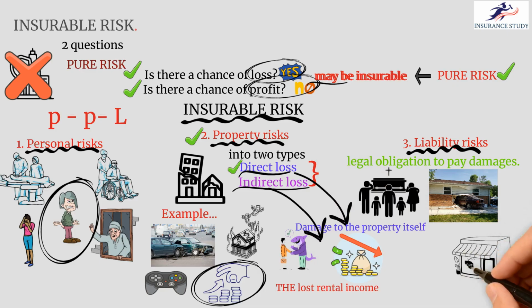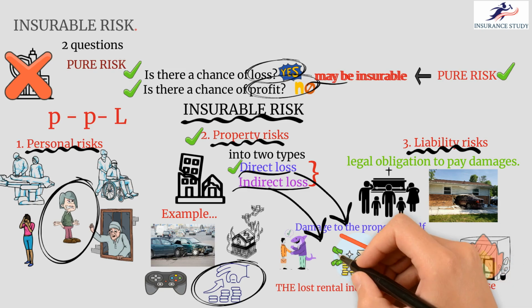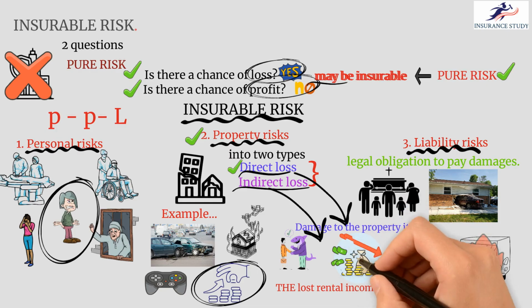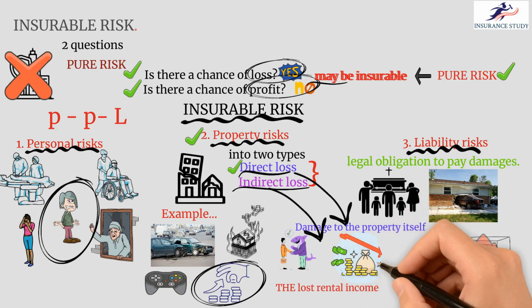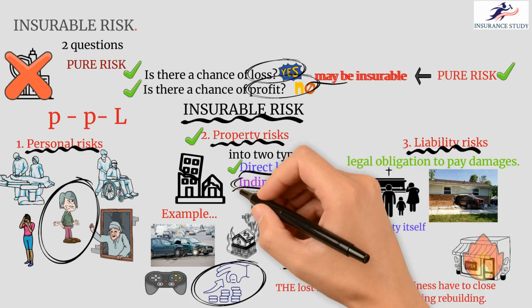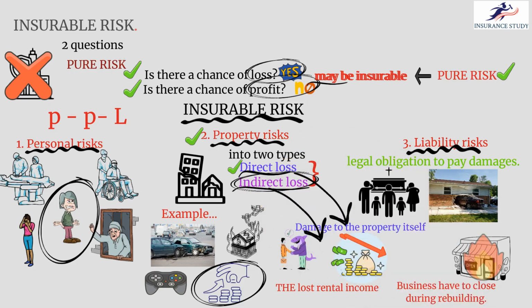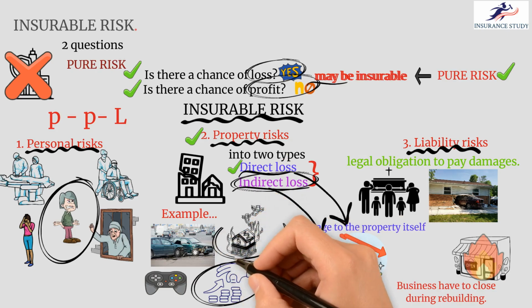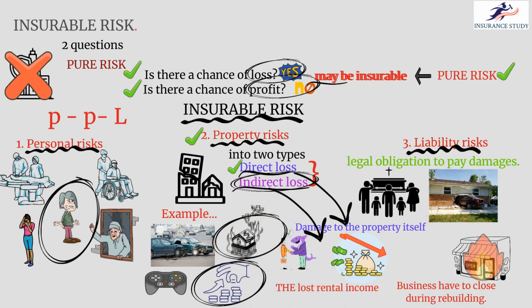Another example, in a retail store, if a fire severely damaged the store, the business may have to close during rebuilding. The business may lose sales income. That lost income is an indirect loss. So think of it this way: fire damages the building, direct loss.